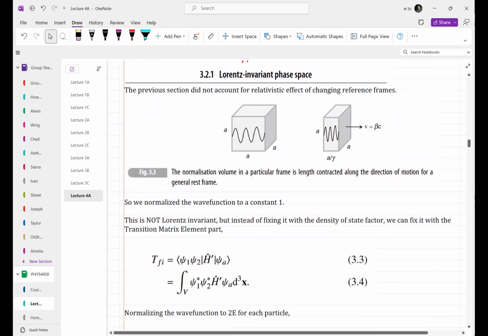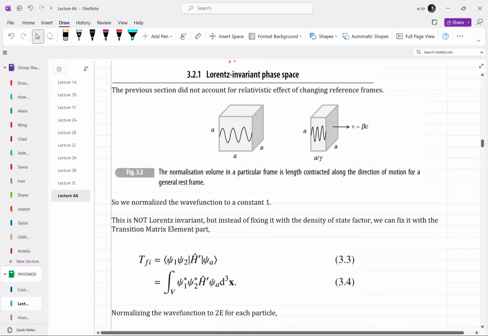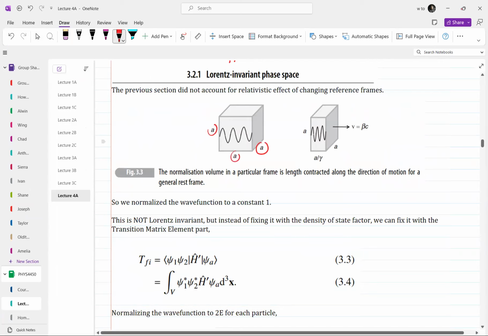And now we're going to have a little thing that kind of annoys me and kind of confused me, but this is how it was historically done. So we're going to do it this way. So what happened is that this box that we made up with all sides A is not Lorentz invariant anymore.